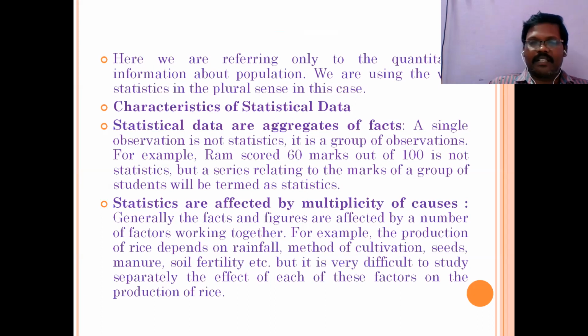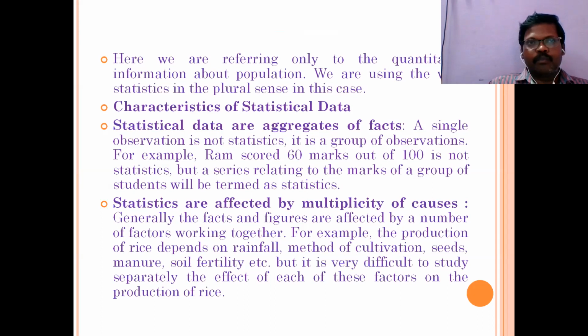For example, population or per capita income is quantitative. Average score of the class is quantitative. If a particular student got 60% of the marks, it is numerical data, called quantitative.